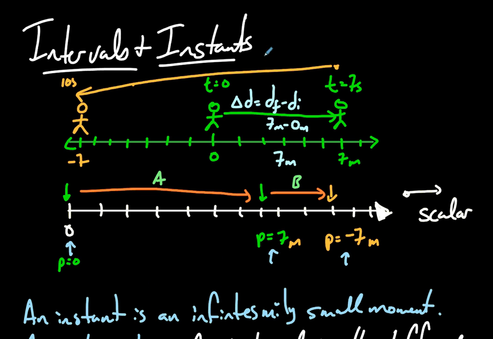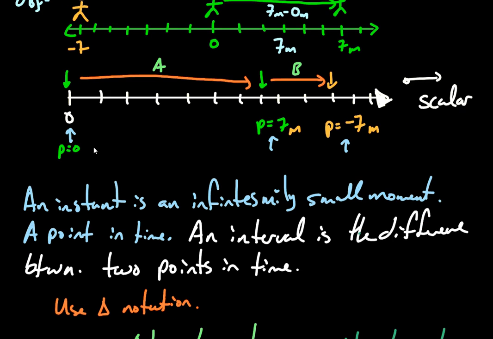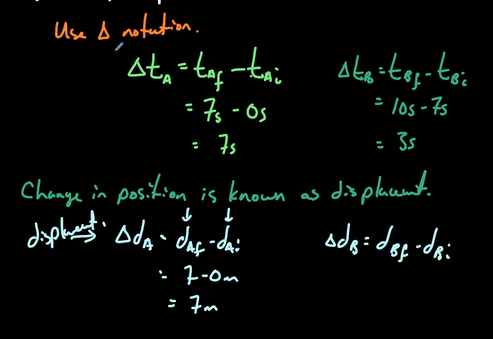So for B here, dBi, the initial position now is over here at 7 meters, and dBf is actually equal to negative 7 meters. Okay, so this person actually went 14 meters to the left. So using our formula, it should pop out a value of negative 14 meters, right? 7 to get back to 0, and 7 more to get to negative 7. Let's see if it does.